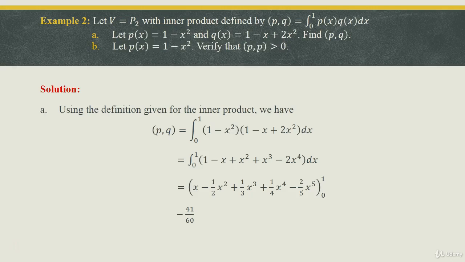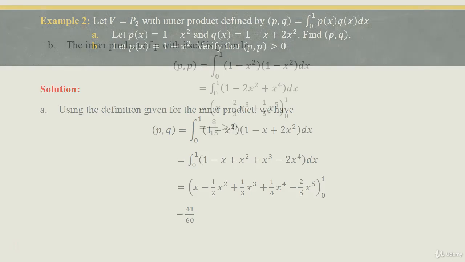Now multiply these two factors, we get 1 minus x plus x squared plus x cubed minus 2x to the fourth dx, which is equal to x minus 1/2 x squared plus 1/3 x cubed plus 1/4 x to the fourth minus 2/5 x to the fifth, evaluated from 0 to 1. Now putting these values in, we get 41 divided by 60, which is the final answer.